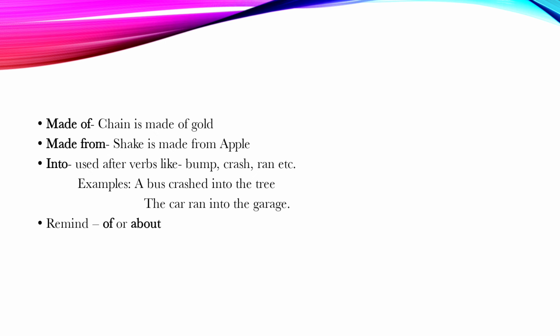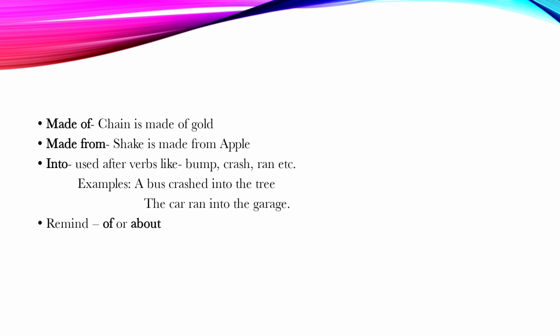So crashed is a verb. Actually, it's a process that happened. And after that, we are using the preposition into to explain that. A bus crashed into the tree. The car ran into the garage. So, into is used after verbs like bump, crash, ran, etc.